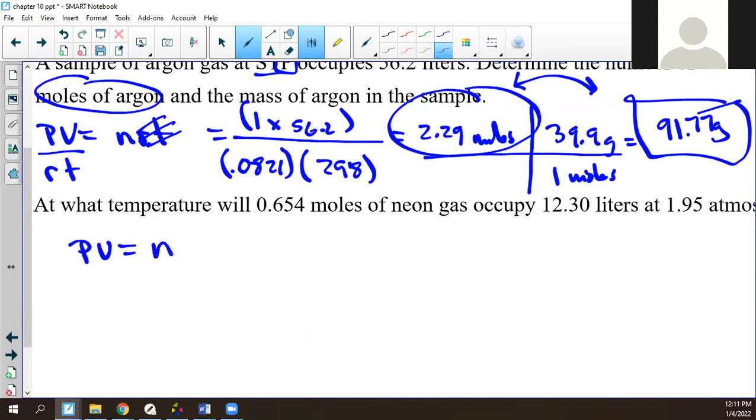PV equals nRT. So what's T equal to? PV divided by nR. I'm going to warn you that a ton of you do algebra the wrong way. I would always write down PV equals nRT, and then solve it.